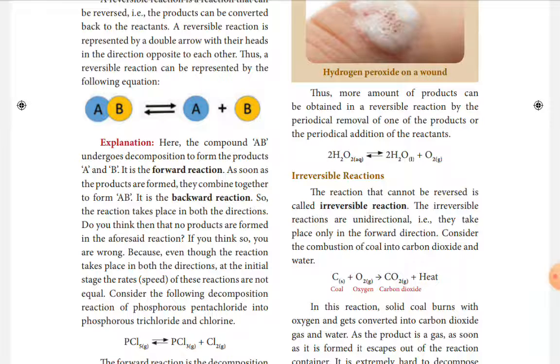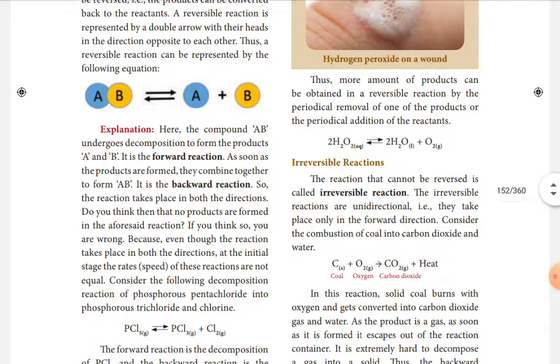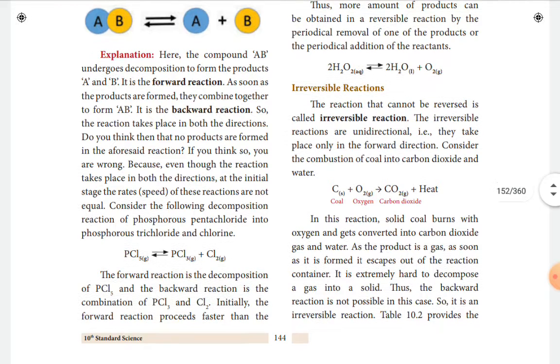For example, consider the decomposition of phosphorus pentachloride, PCl5, which is in gaseous state. On decomposition, phosphorus trichloride and chlorine gases are formed. The forward reaction is the decomposition of phosphorus pentachloride, and the backward reaction is the combination of phosphorus trichloride and chlorine.